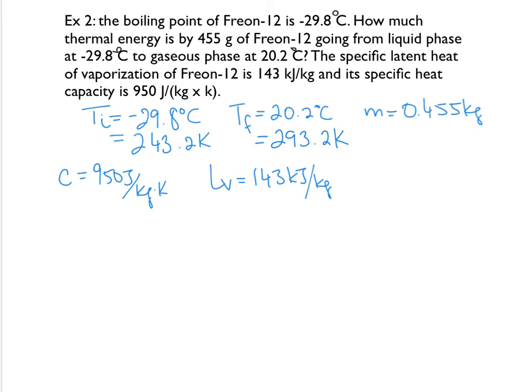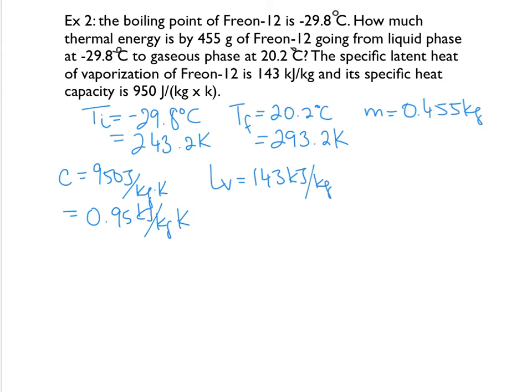Our mass is in kilograms, so that's fine. Our C value, our specific heat capacity, should be in kilojoules per kilogram Kelvin, so we need to convert that. So that's just going to be 0.95 kilojoules per kilogram Kelvin. And our specific latent heat of vaporization is in the right units, kilojoules per kilogram, so that's fine. We don't need to touch that.